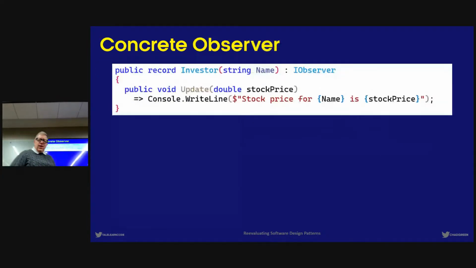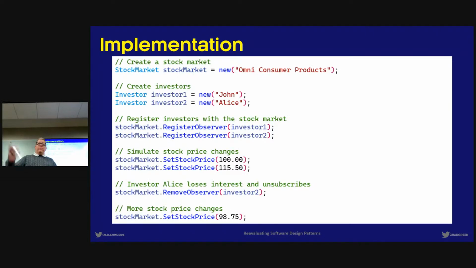And then you have your concrete observer. So I've got the investor, which doesn't do a whole lot, it just prints out a message. Not a very useful application, but there's the implementation.